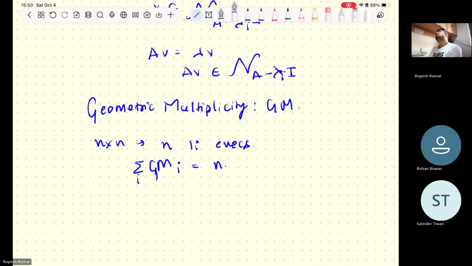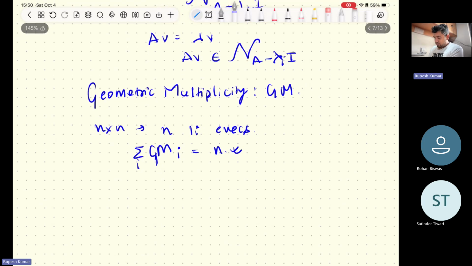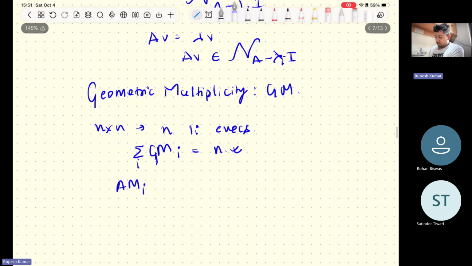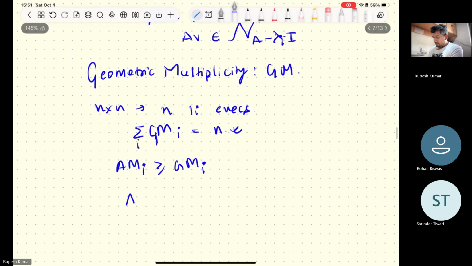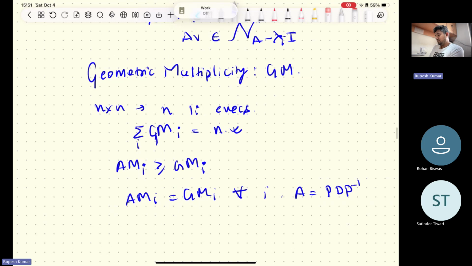Now this is one thing. The other thing is, let's say your algebraic multiplicity is AM_i for an eigenvalue. Then that will always be greater than or equal to the geometric multiplicity of that eigenvalue, right? And then if AM_i equals GM_i for all eigenvalues, only then can it be written as A equals P D P inverse.